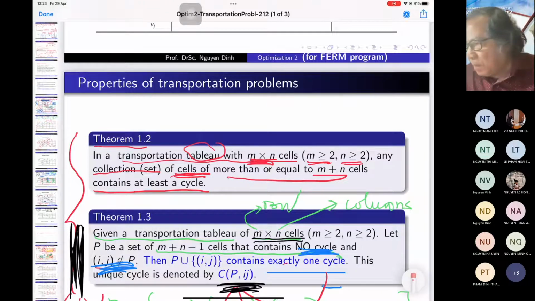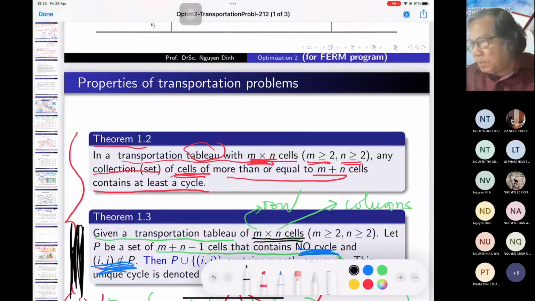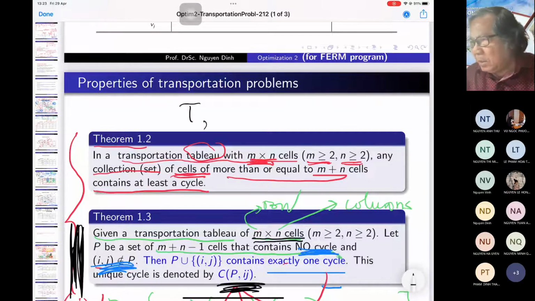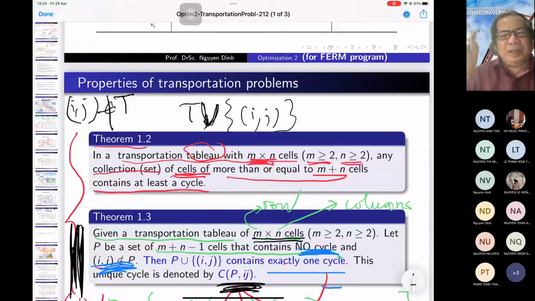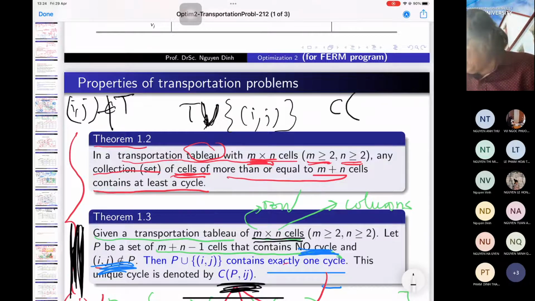You have a spanning tree T, and an arc IJ which is not in T, and you put this into T. The cycle is denoted by cycle (T, IJ).